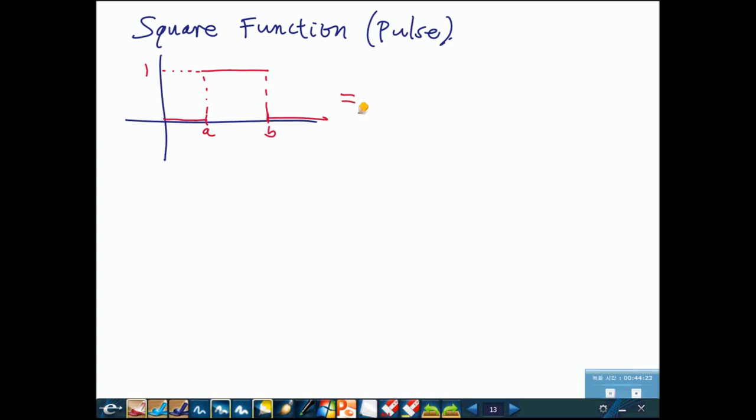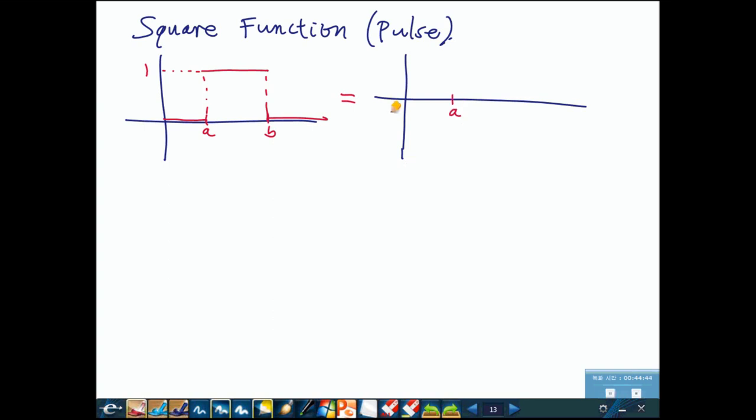This is nothing but the superposition of two unit step functions.